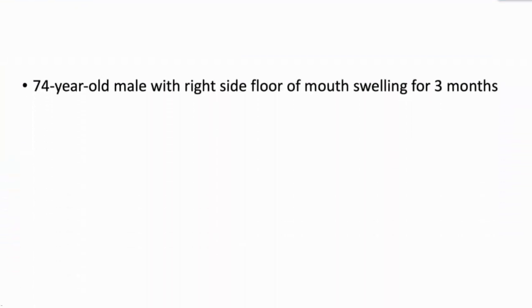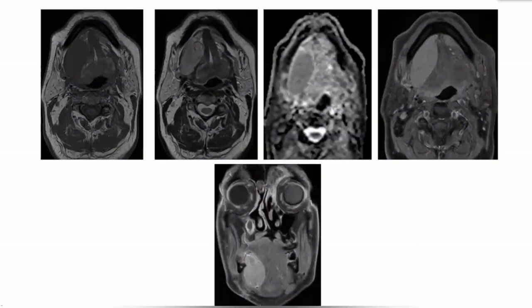Case number 4, 74-year-old male with right-sided sore of mouth swelling for 3 months. I have been provided with the multiple and multi-sequential images of the MRI base of the skull and orbit, at the level of the orbit.